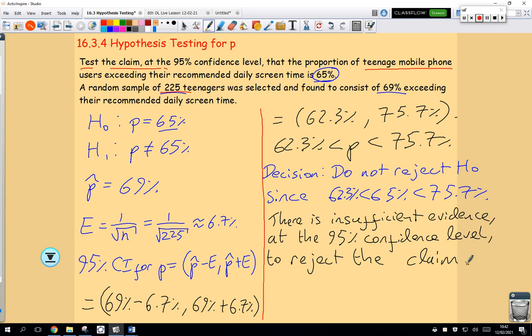Okay, and so notice there will be either sufficient evidence to reject or insufficient evidence to reject. We never accept. We are going to reject or not reject.